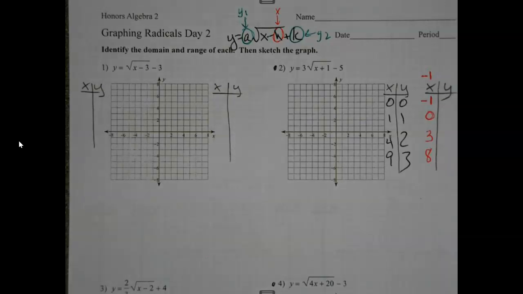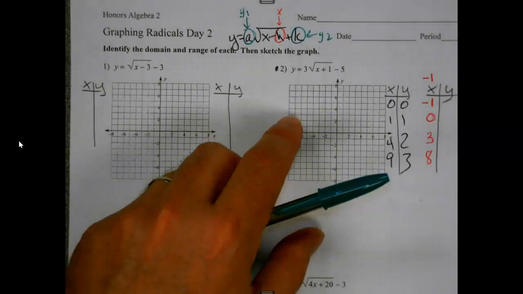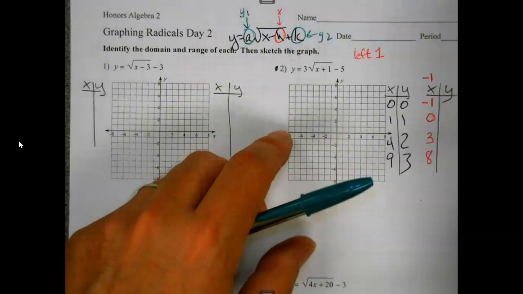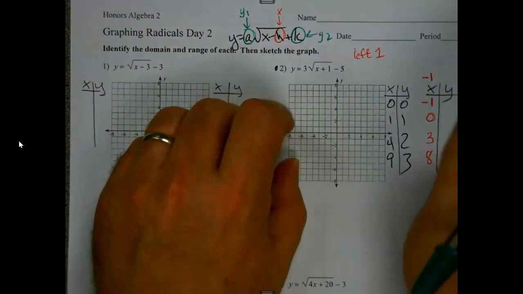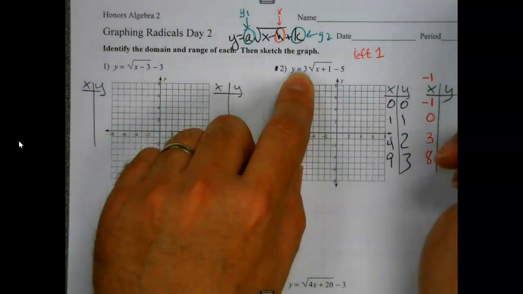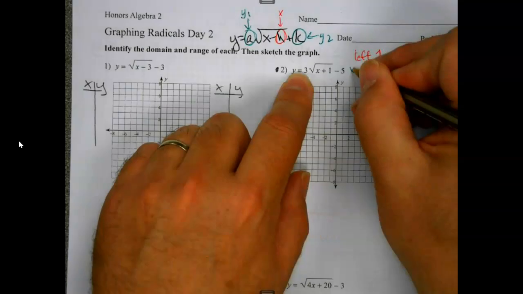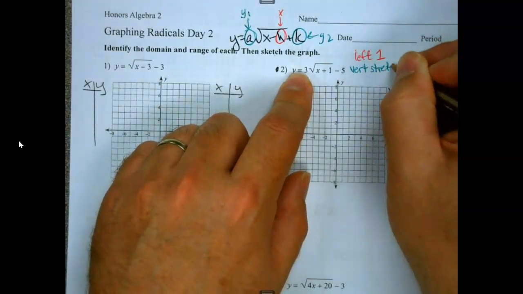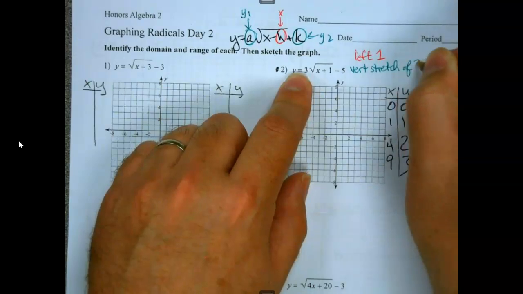Now, y, there's a couple things going on. And I'm actually going to write my directions here as I go. All right, so left 1. Then I see I've got a vertical stretch of 3.